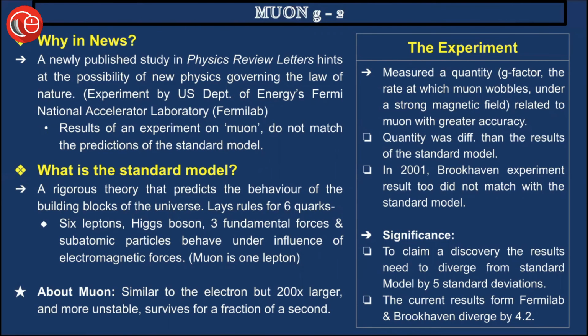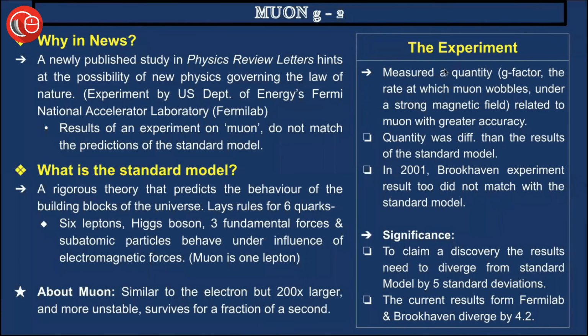The muon is one of the leptons and it is similar to the electron, but it is 200 times heavier and much more unstable, surviving for a fraction of a second. The experiment called Muon G-2 was conducted at the US Department of Energy's Fermi National Accelerator Laboratory, known as Fermilab.